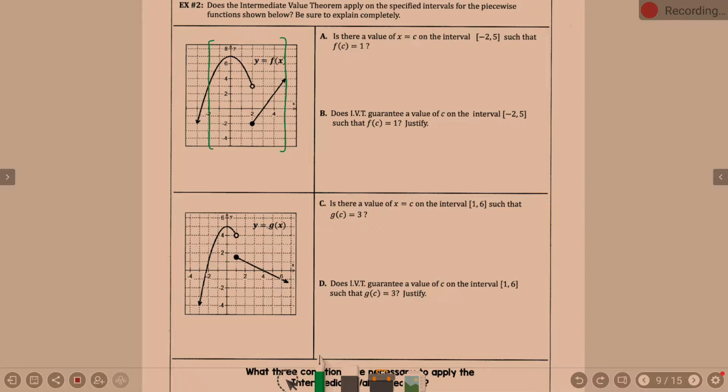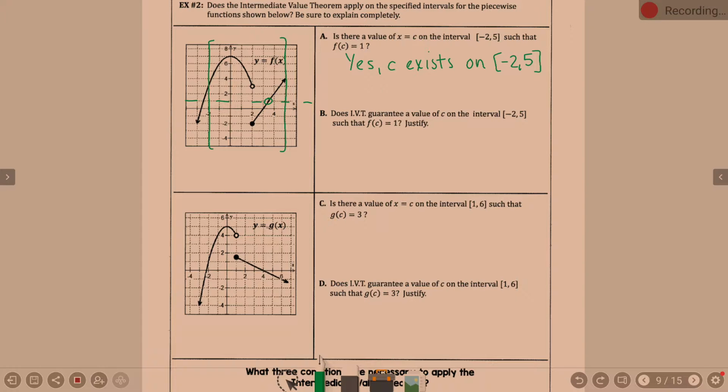Yes or no? Where's it happening at? I'd go with 3.5. So we can say, yes, C exists on negative 2 to 5.